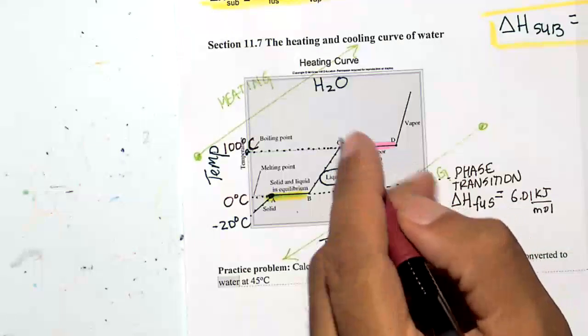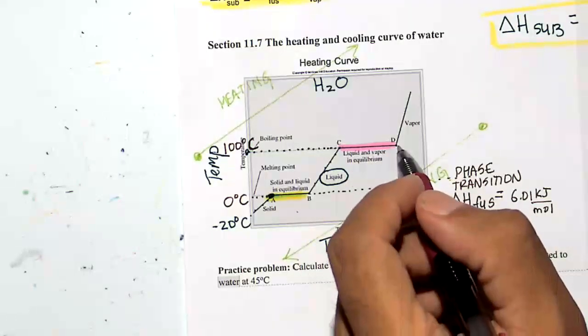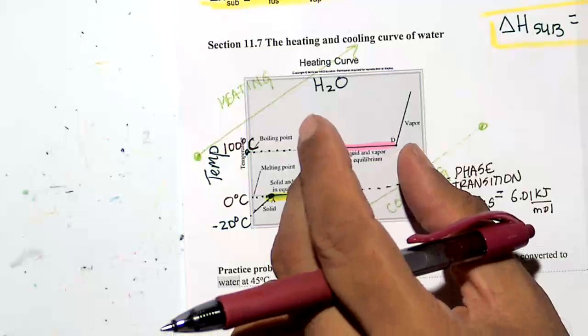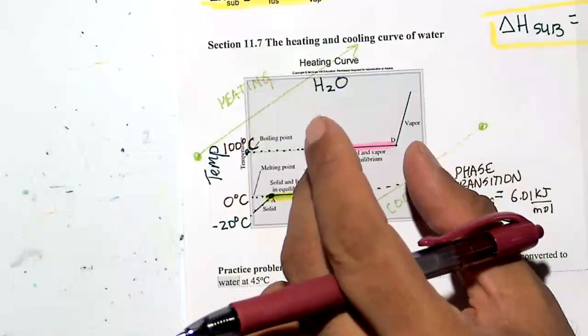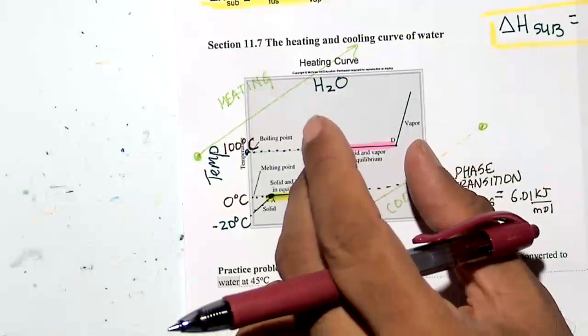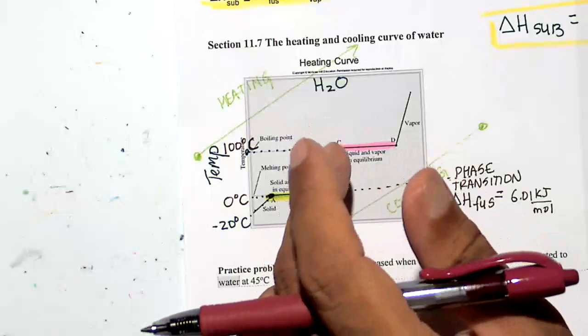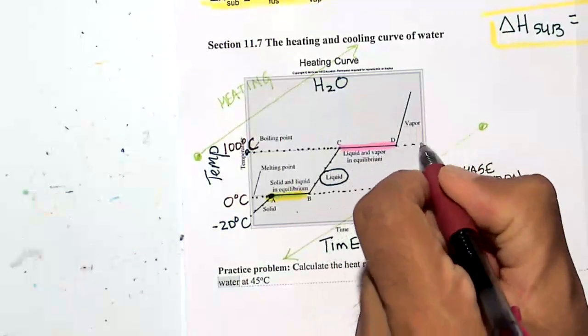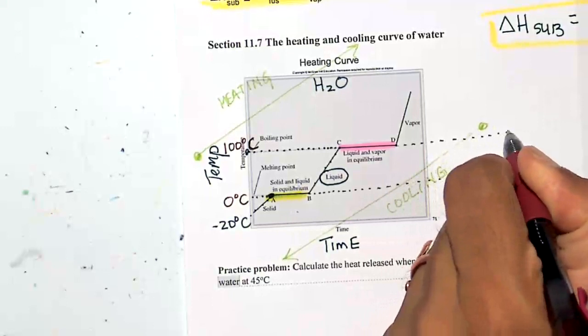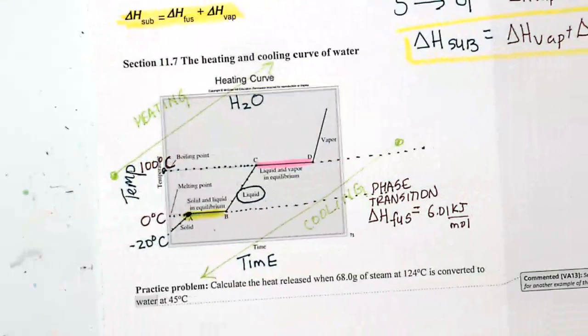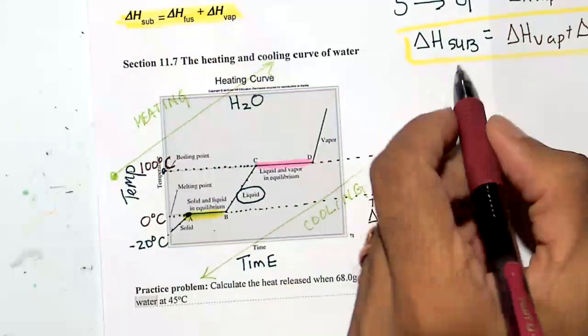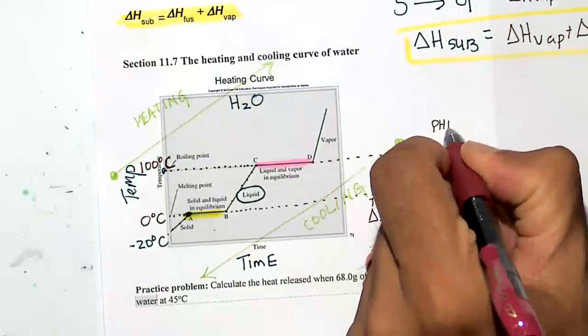So what must we overcome to get past D? What is the energy that must be added to overcome CD, the liquid and vapor equilibrium? We must overcome a phase transition.